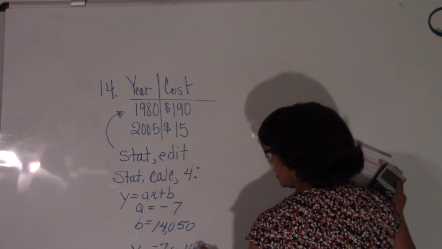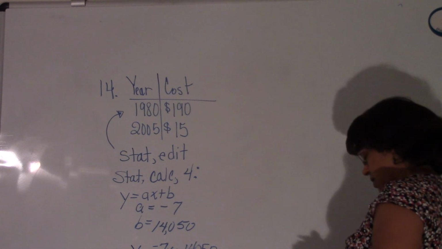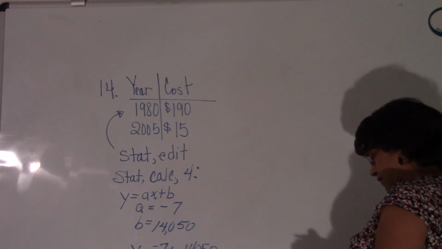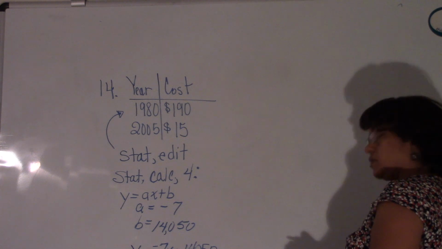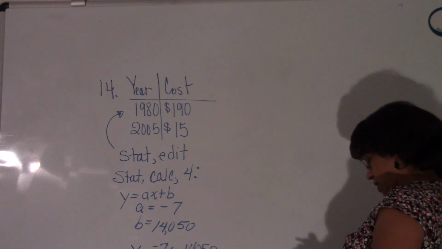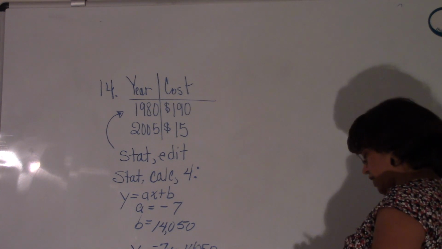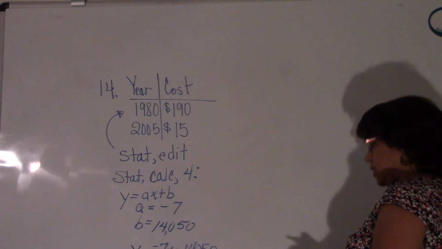Your x key is right next to your green alpha key. Do not hit the green alpha key, just hit the key next to it, plus 14050, enter.